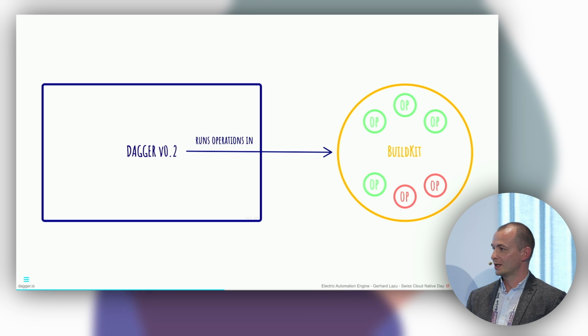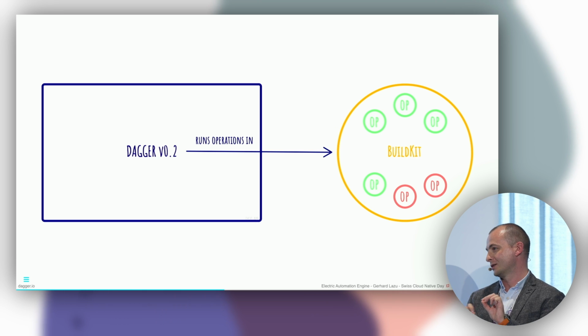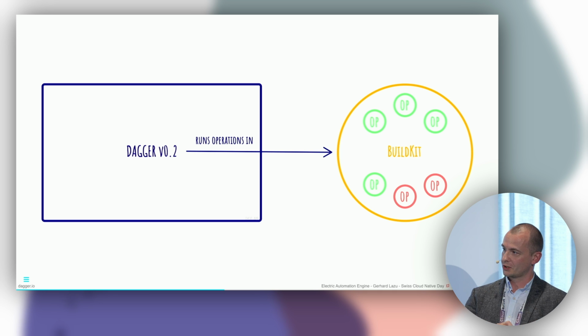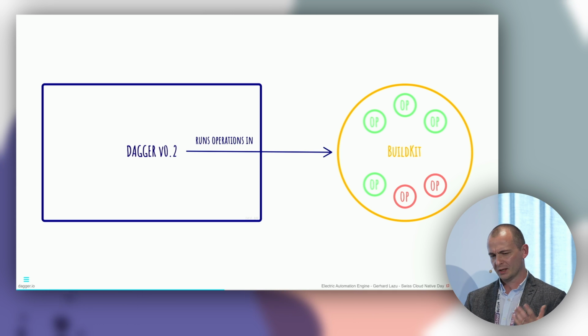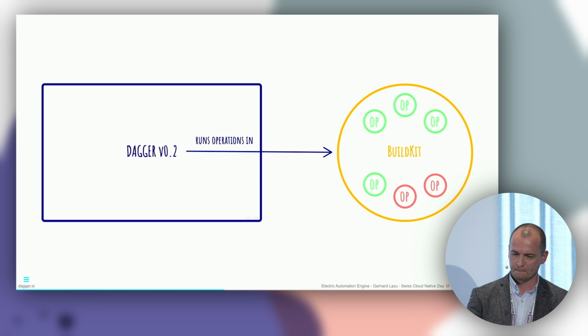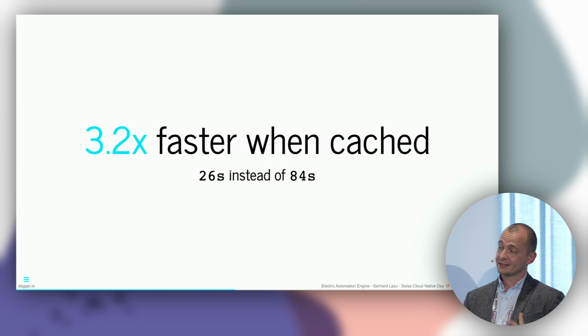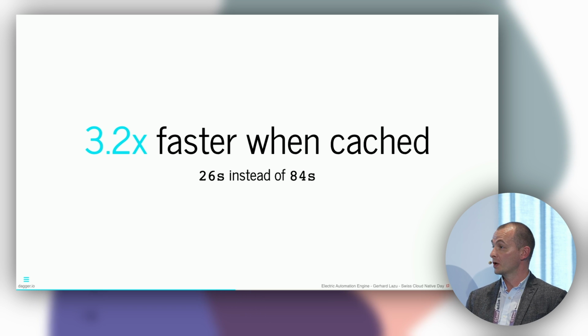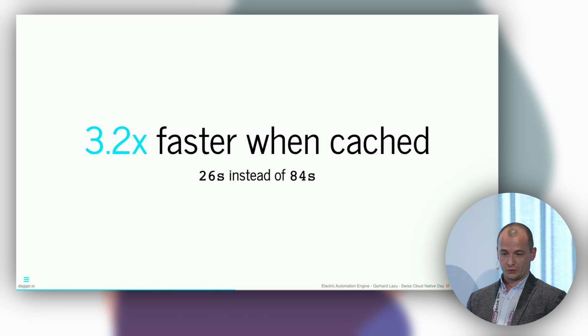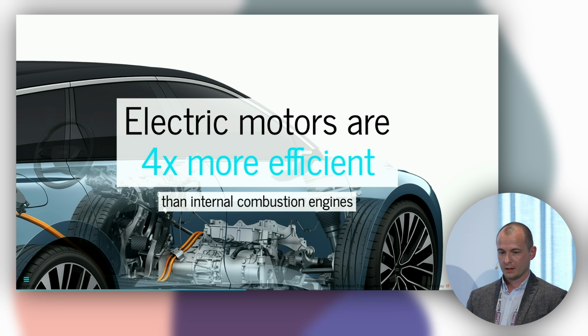But in this case, it's not Dockerfile runs or commands. It's actually instructions that Dagger sends to BuildKit and it just knows what needs to happen. It's mostly a combination of Dagger and BuildKit. All right. So in this case, we went from an uncached build to a cached build, a 3.2 times improvement, 24 seconds instead of 84.